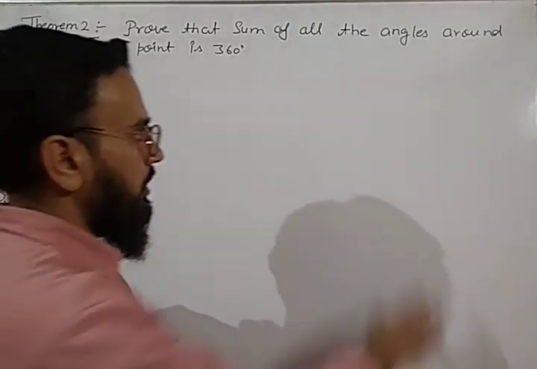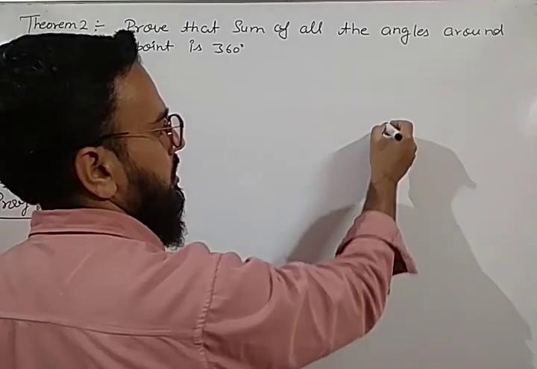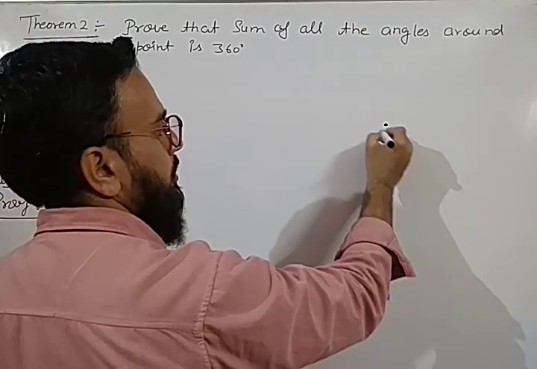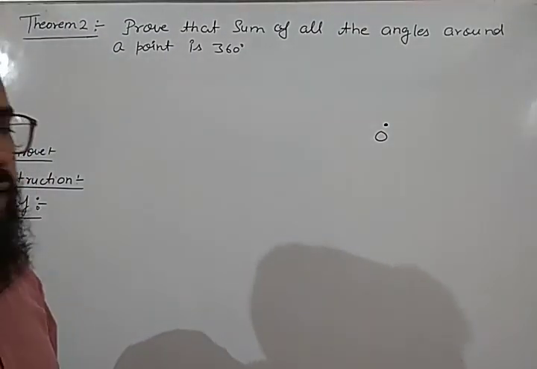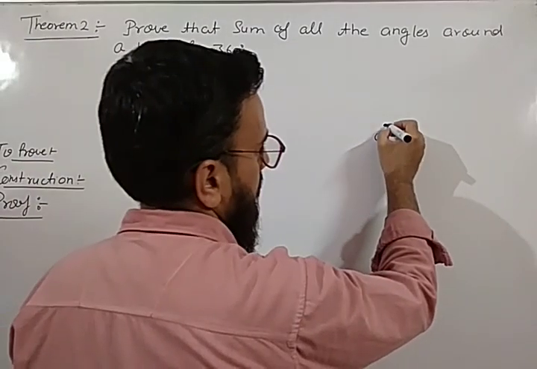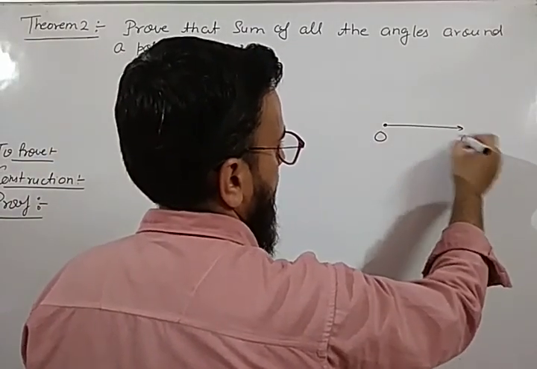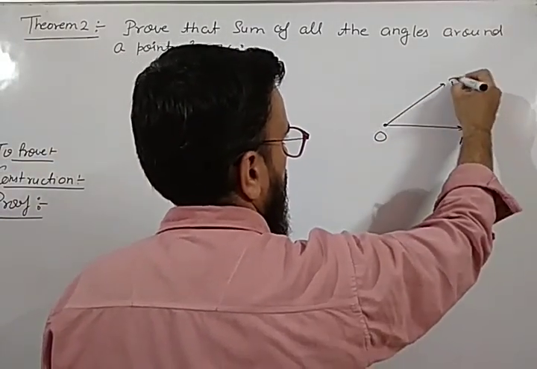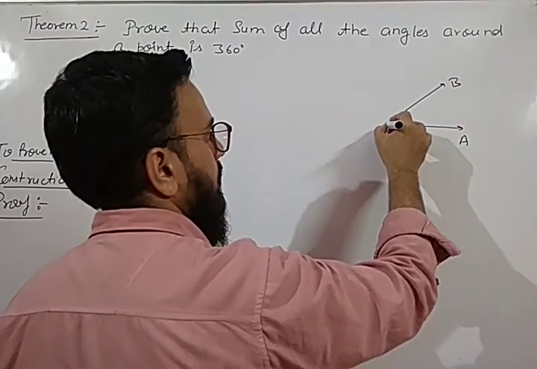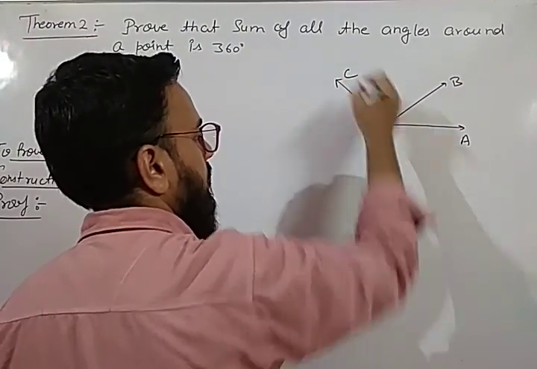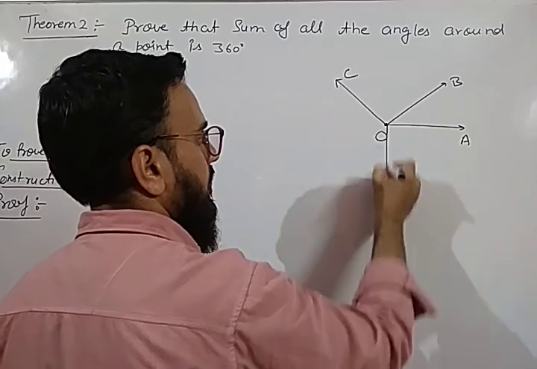So let us draw the figure first. Let us consider a point O. This is a point O, and let us draw different rays. Let this is OA, OB, then OC, then OD.